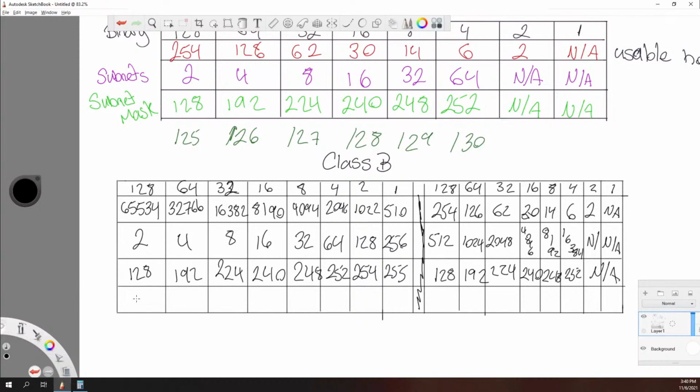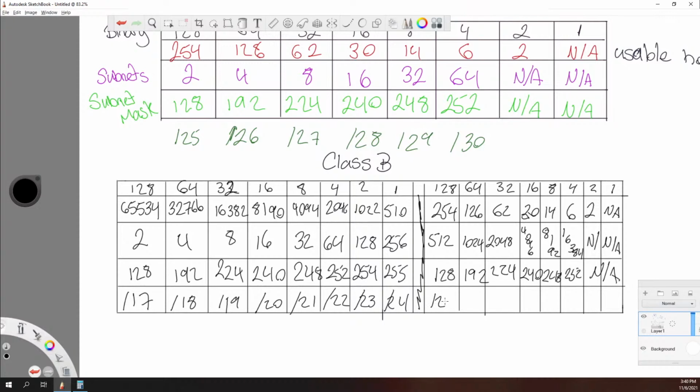And then we can do our CIDR notation. Well, if we're borrowing 1, this would actually be a /17, /18, /19, /20, 21, 22, 23, 24. And then when we continue on, it would be the same thing as up there, basically.